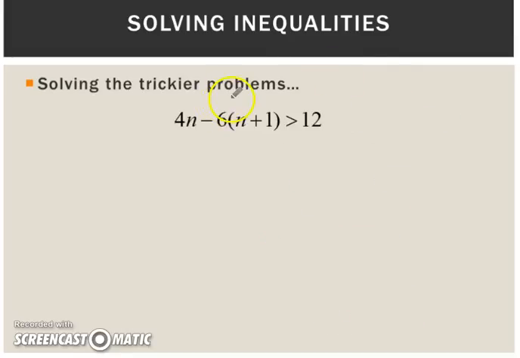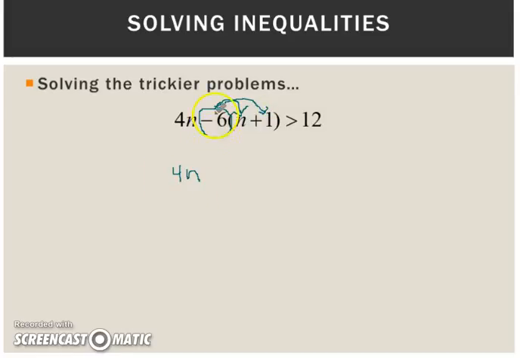And one last example, if you have to use the distributive property with these, make sure, so 4n minus 6 times n plus 1 is greater than 12. Make sure you're multiplying through this as a negative 6. So negative 6 times n, and think of it as a negative 6 times 1.